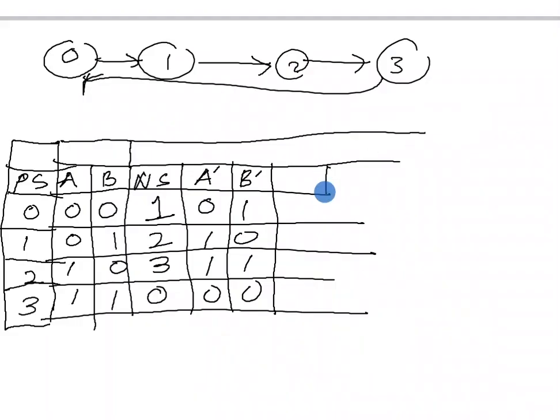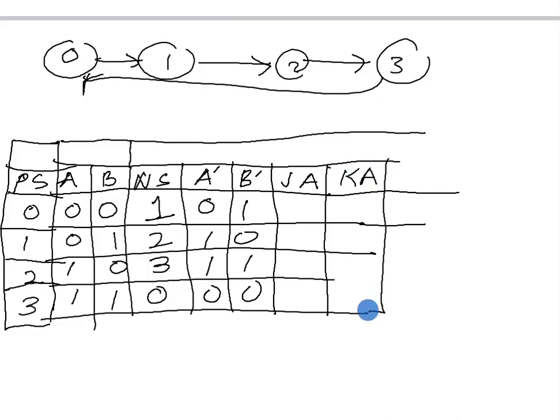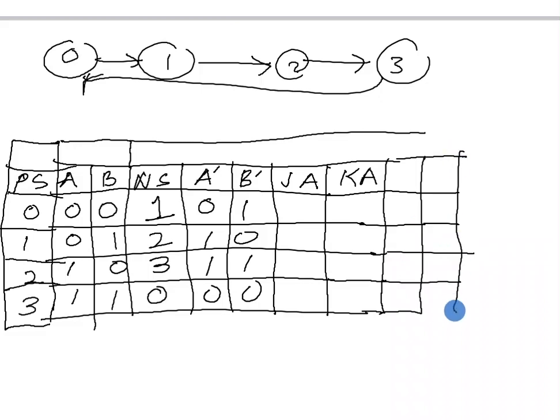So we're dealing with JK flip-flop. Since we have 2 bits A and B, we are going to have 2 JK flip-flops.